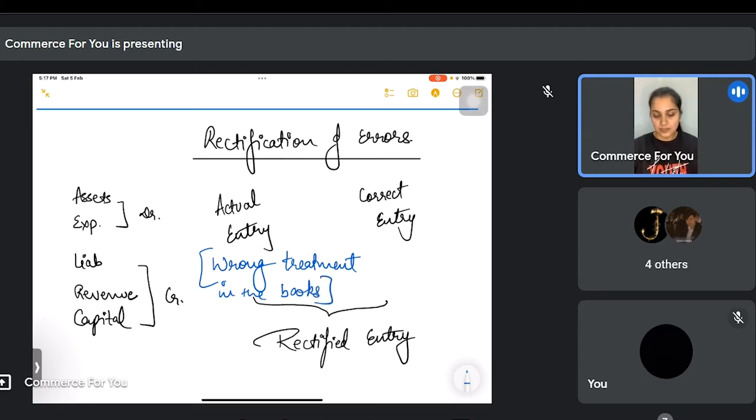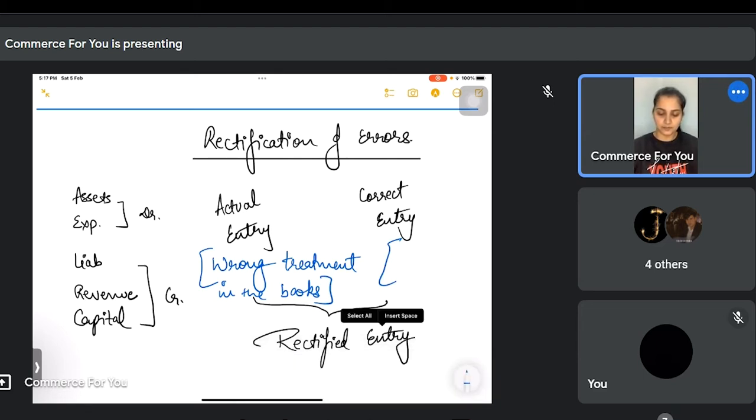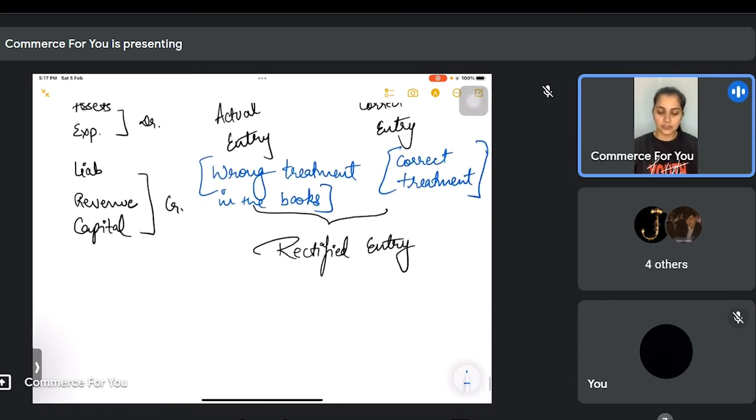And the correct entry means the correct treatment required in the books of accounts. So whenever we have a difference in these two, we rectify that.